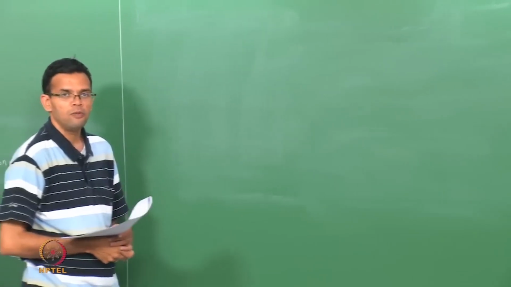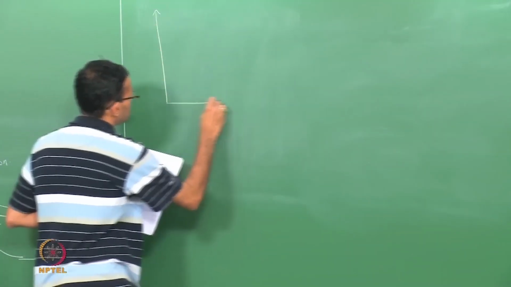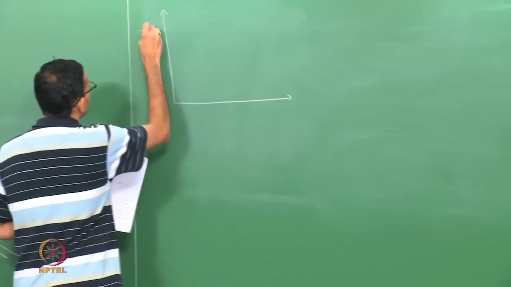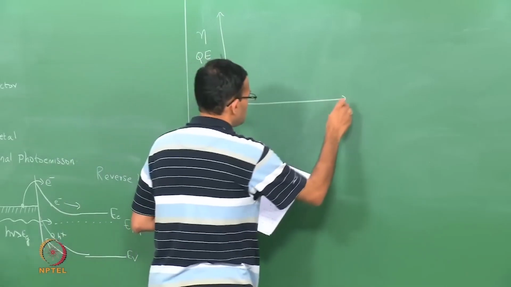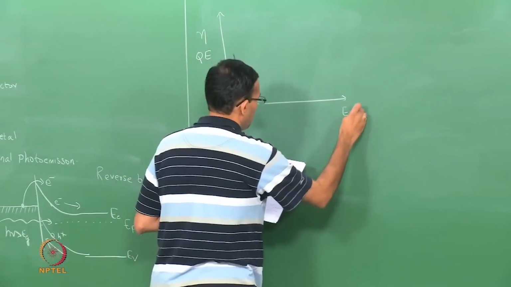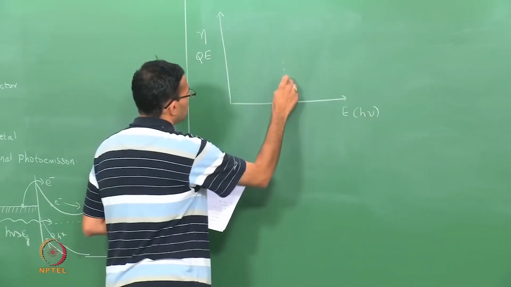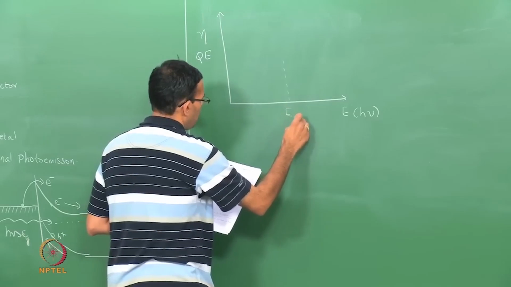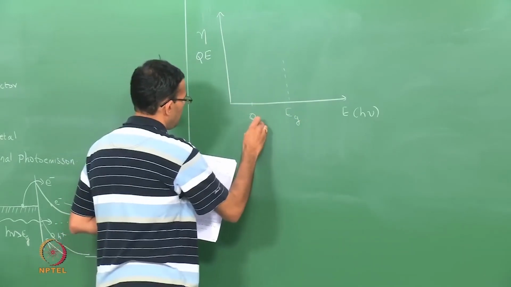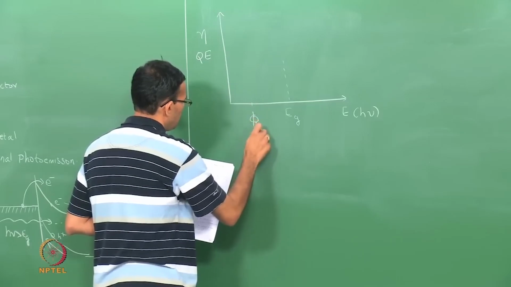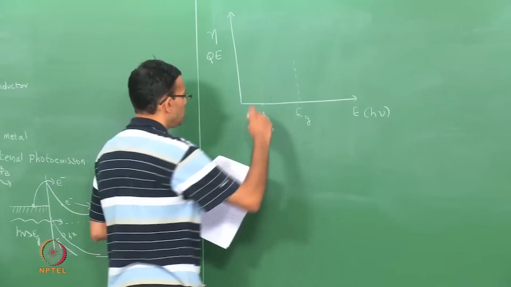So, if you were to draw the quantum efficiency of this device versus the energy, so eta is your quantum efficiency QE versus energy E of the light, that is just h nu. You have one term that corresponds to Eg, then there is phi b, which is the barrier. Anything below the barrier will not get absorbed.